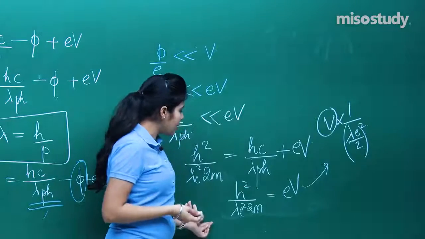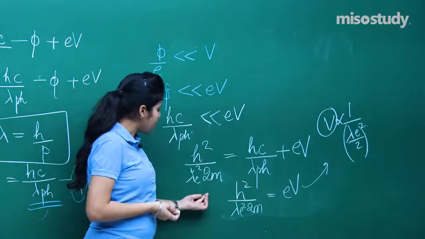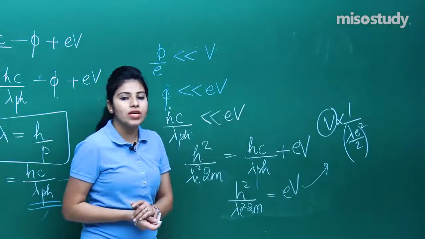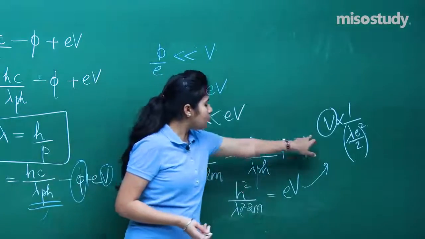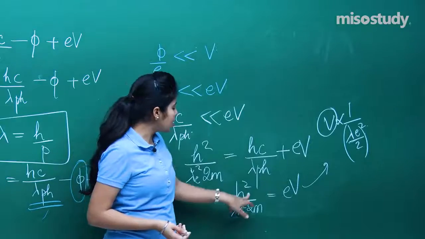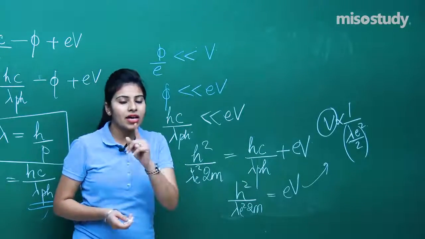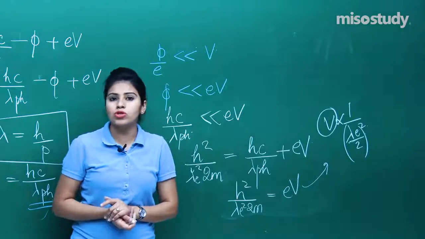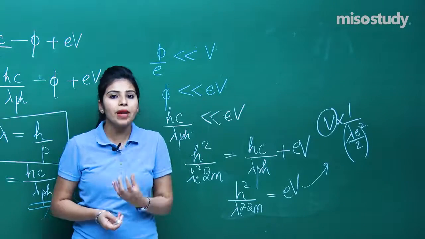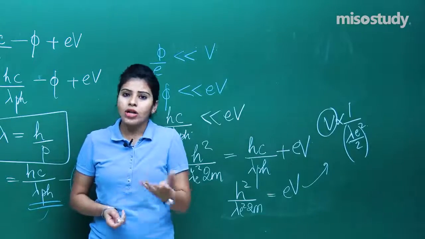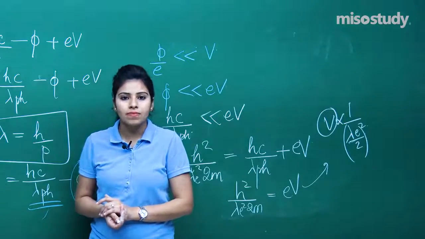You can see from here this h square by lambda E square 2m is directly proportional to eV. But from this equation what I can see is V is inversely proportional to this whole term. As I have told you, this question is not so easy. You have to apply your thinking skills and the formulas, or else you are going to lose your marks.